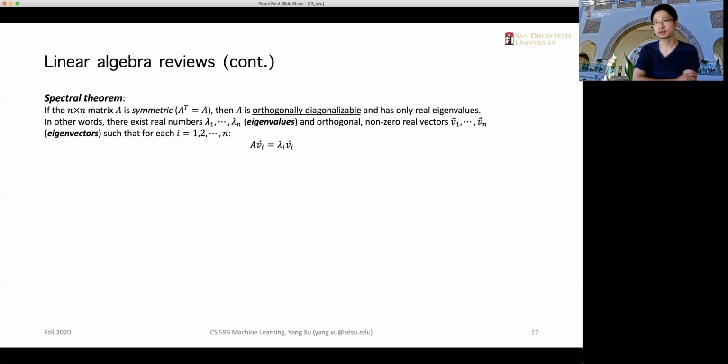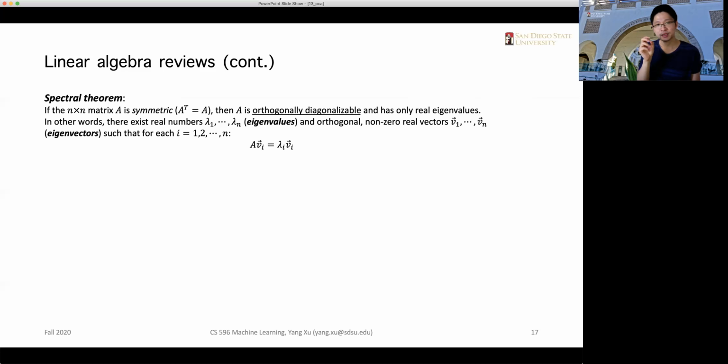There's a theorem called the spectral theorem, which basically says that if the matrix A is symmetric, which means after we transpose it, it's itself, so all the elements are symmetric along the diagonal line, then A is orthogonally diagonalizable and has only real eigenvalues.